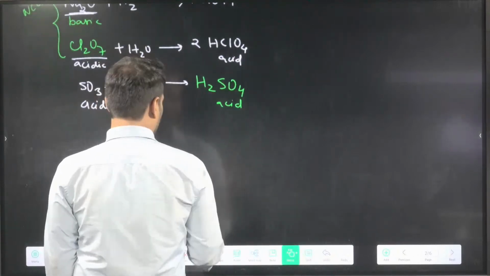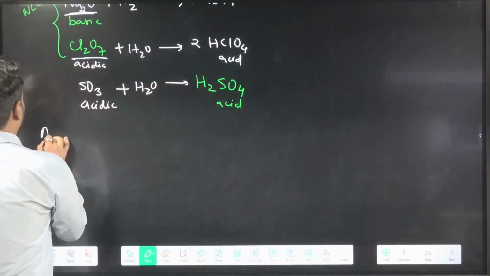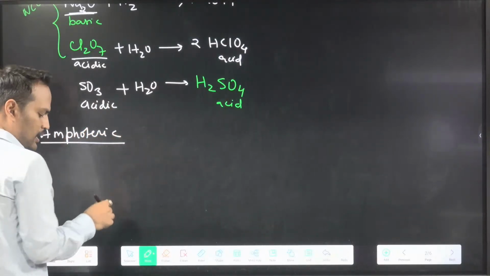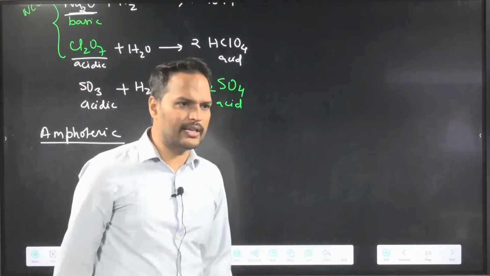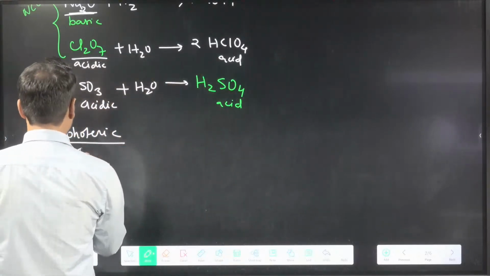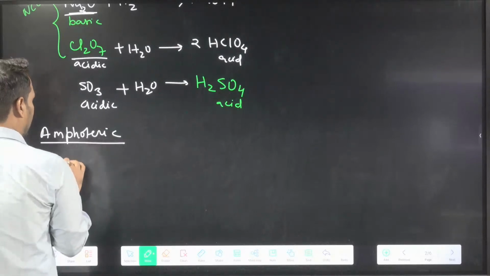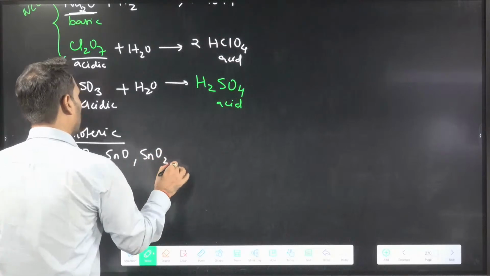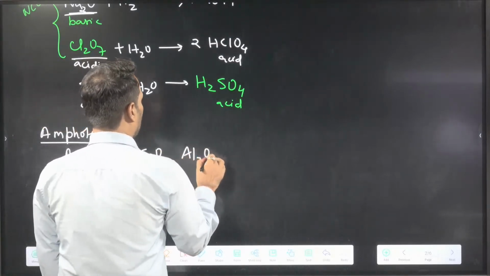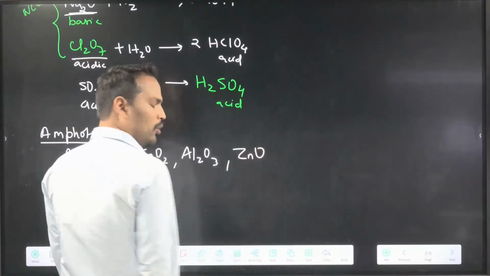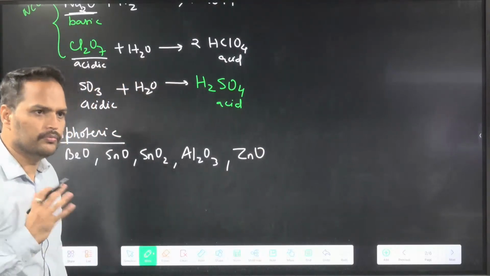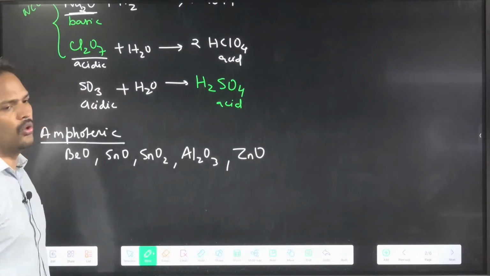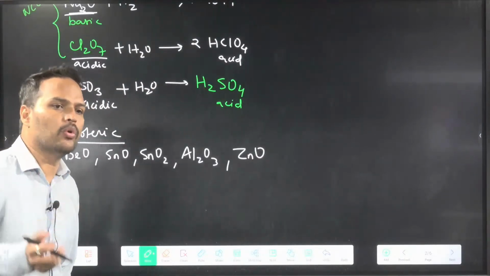Let's talk about amphoteric oxides especially. Many examples you will get. I am writing a few famous ones: BeO, SnO, SnO2, Al2O3, ZnO. At least these things we know. There are many more.